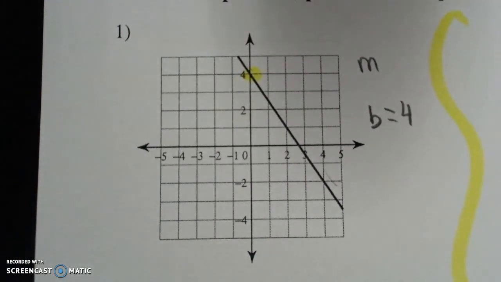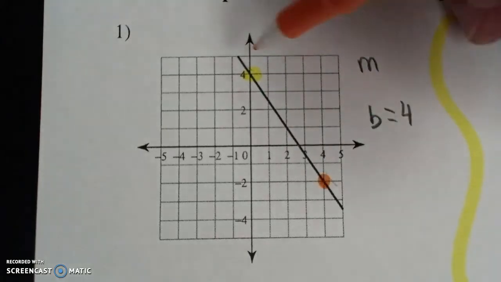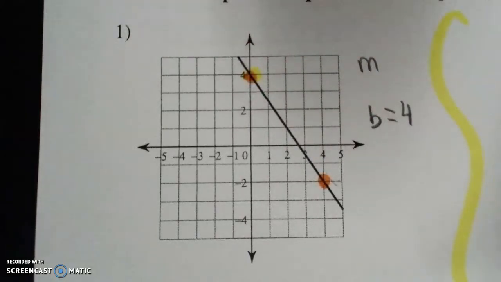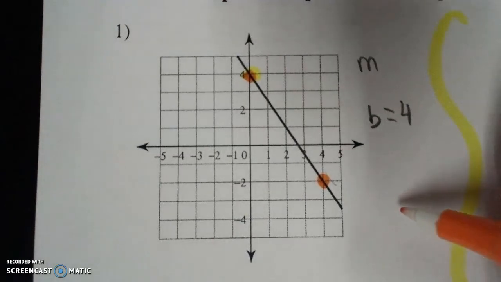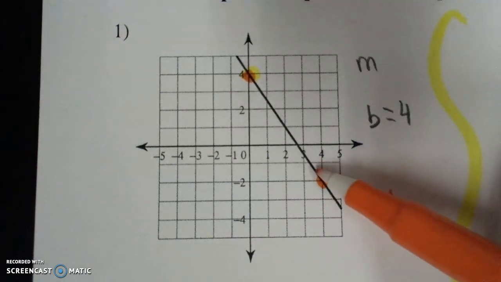Okay? Then what I'm going to do is draw what is considered a slope triangle, and I am going to find crosshairs, and this is a crosshair and this is a crosshair. What I mean by a crosshair is the dot has to have this cross behind it. It cannot have gaps.